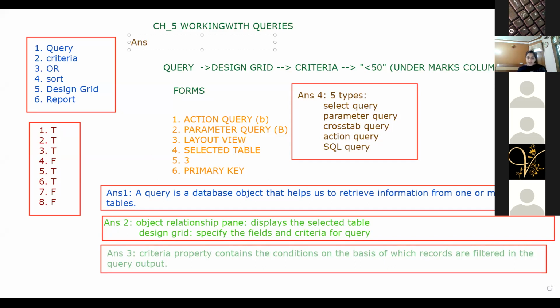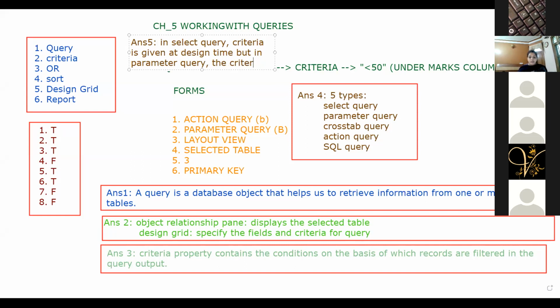In select query, the criteria is given at design time. We give it in advance in the query design window. But in parameter query, when do we give the criteria?